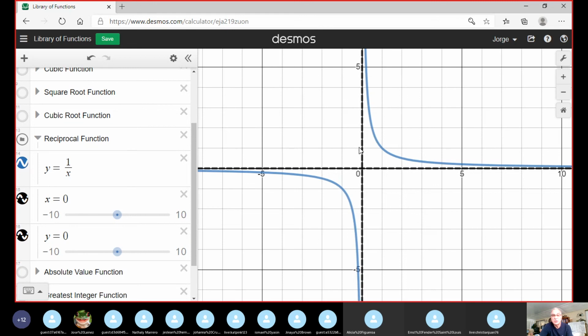We have this dotted line that you don't understand very well, but don't worry about this. The domain and range of this function is all real numbers except 0. The only bad guy in that problem is 0. In 0, 1 divided by 0 is illegal. It's undefined.